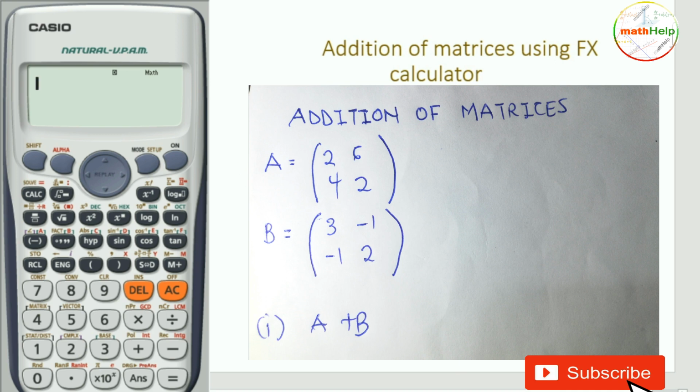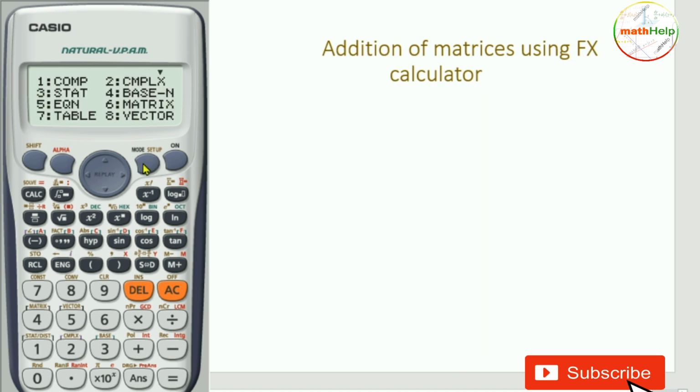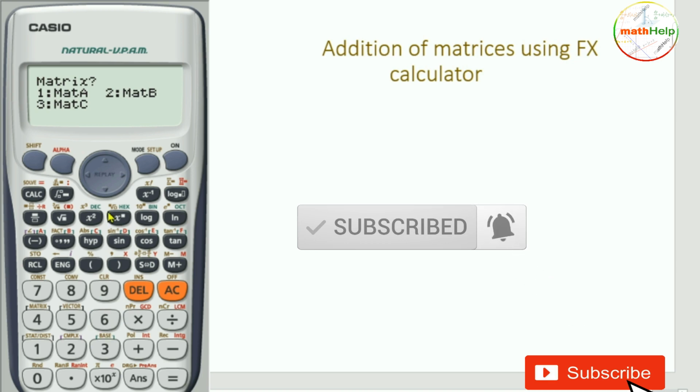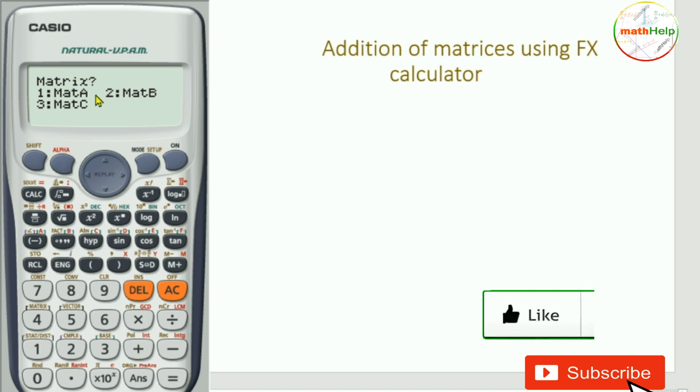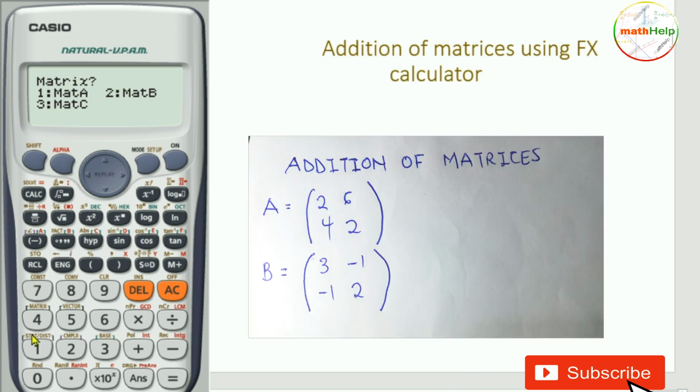Before we can access matrix on our calculator, we have to first move the mode to matrix mode. The mode for matrix is 6, so we choose option 6. Then we are given the list of matrix containers: matrix A, matrix B, matrix C. We take matrix A, but before we enter our values we are given the dimension.